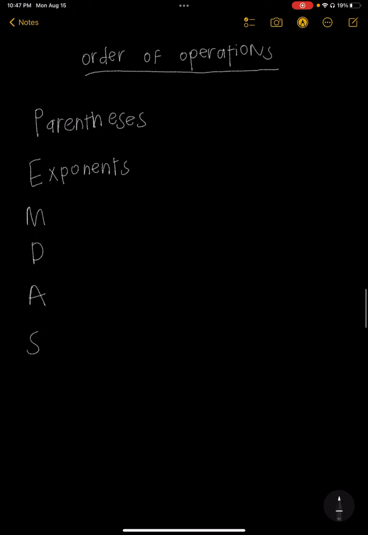Then we have multiplication, and we also have division. And I'm going to talk about these two together because they are technically on the same level. While multiplication comes first in the acronym, we could either multiply or divide first.